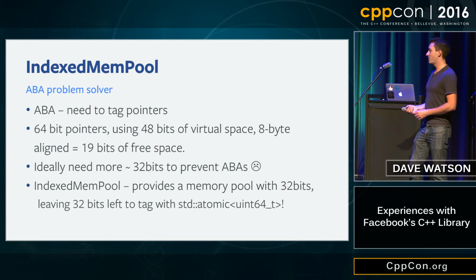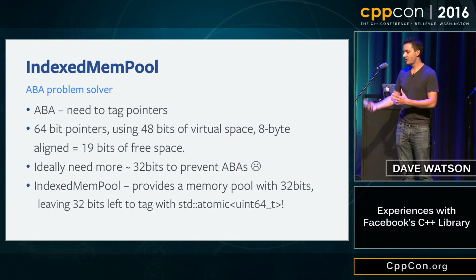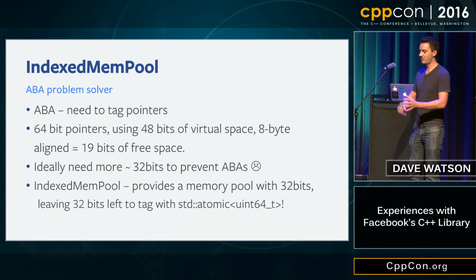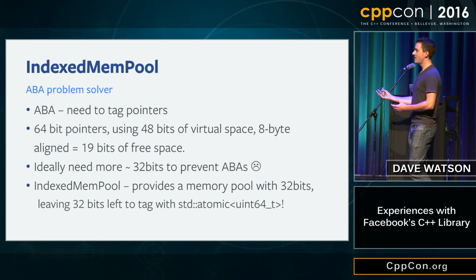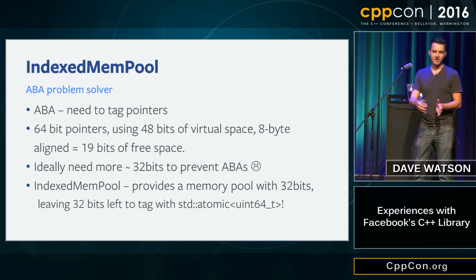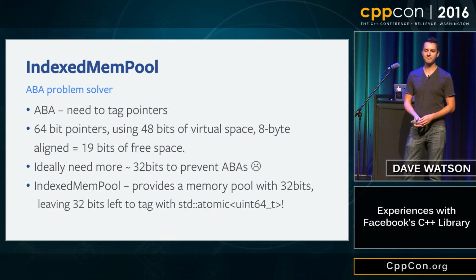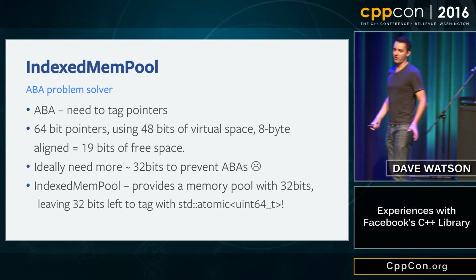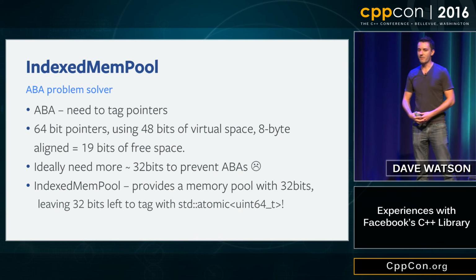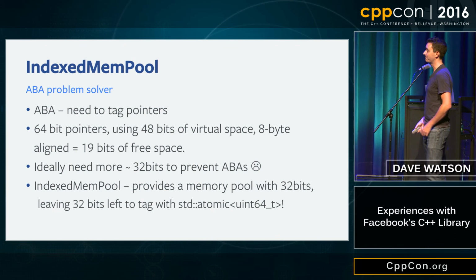So instead, what you can do is write a very simple memory allocator that manages your memory. It doesn't even have to be a real memory allocator. It's just giving you out fixed node objects. And all it's going to do is ensure that all these things line up in such a way that they only use 32 bits of address space. So you could just mmap a large section of memory and hand out different pieces of this memory as long as the memory is less than 4 gigabytes or so.